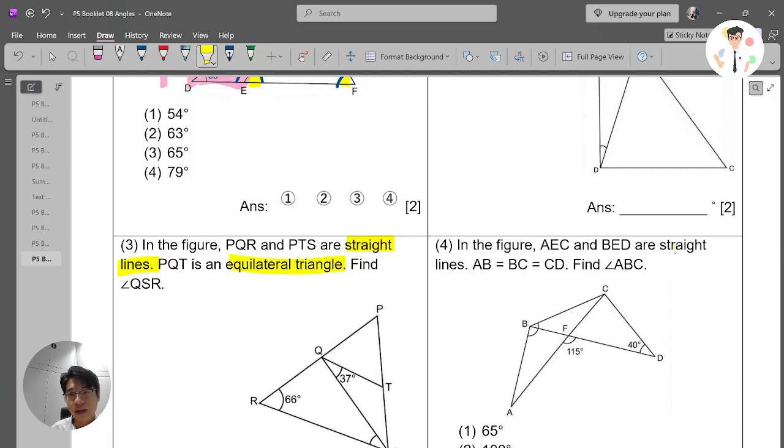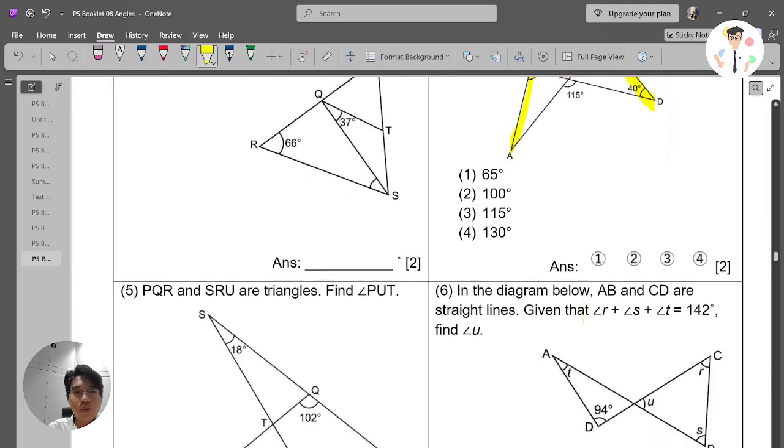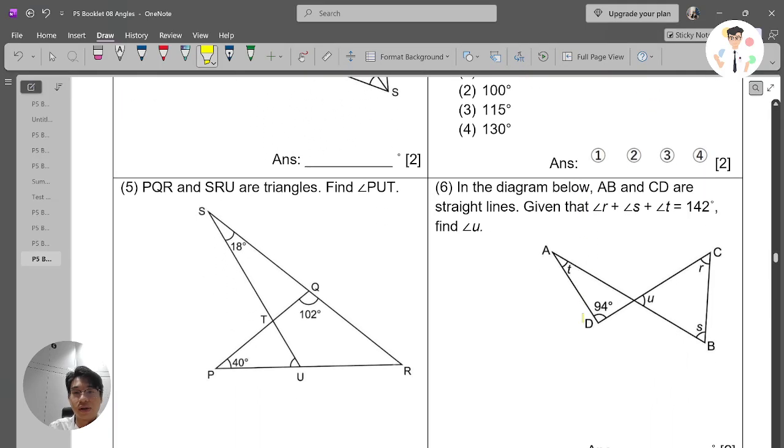You can see straight line, and AB is the same as BC and the same as CD. Wow. When they say these two are the same, you know what triangle this is. When they say these two are the same, you know what triangle this is. Now, so you can see all these words are very, very important. This one I'm just telling you triangles. This one again, straight line.